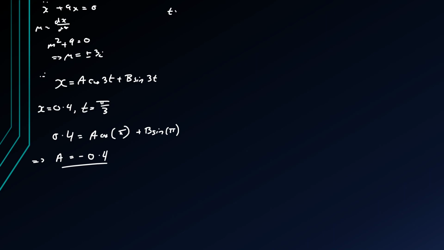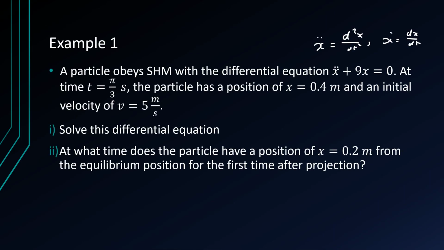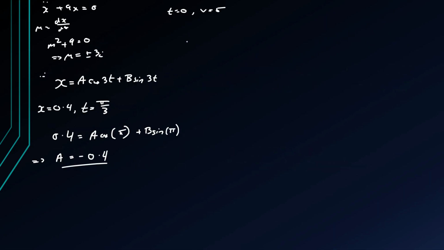We're also told that at t is 0, the initial velocity is 5. So if we differentiate this, we get dx dt is, the 3 comes out and cos becomes minus sine, so minus 3a sine 3t, plus, again, the 3 comes out, sine becomes cos, so 3b cos 3t. We know a is negative 0.4.